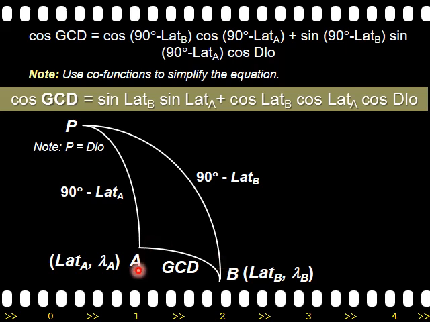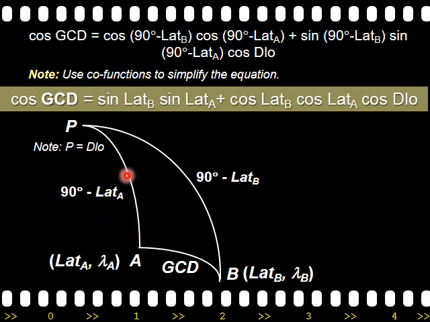So, yung A natin, can imagine this na parang nasa globo siya. Kung point siya doon, ibig sabihin, given siya ng latitude of A, ito yung coordinates niya, latitude of A, longitude of A. And then yung B naman, given naman siya ng coordinates na latitude of B and longitude of B. Okay.